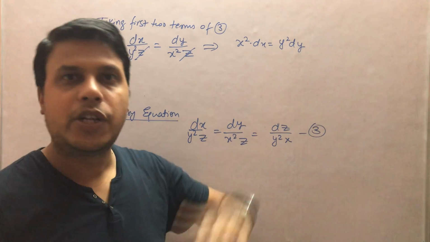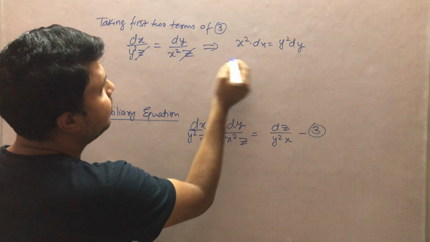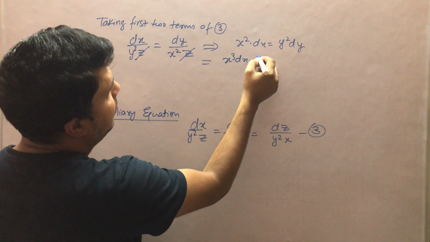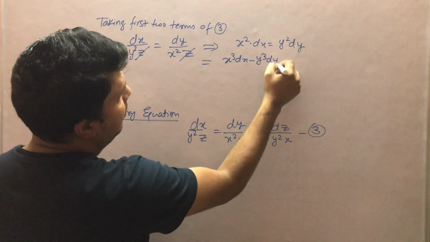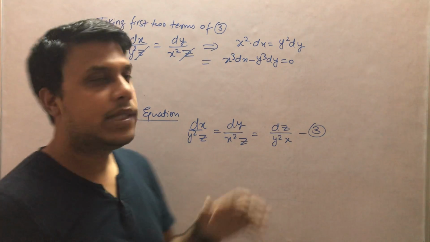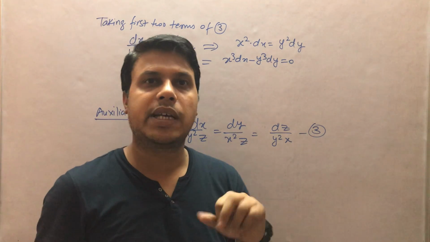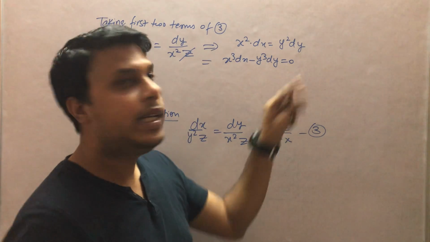This will be the reducible form. And now further, now this is the final form of the auxiliary equation, in which we have taken the first two terms. Now we have to integrate it actually.